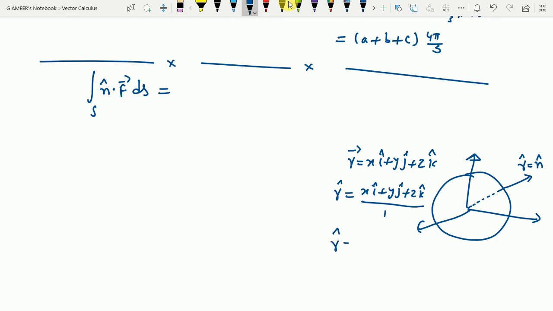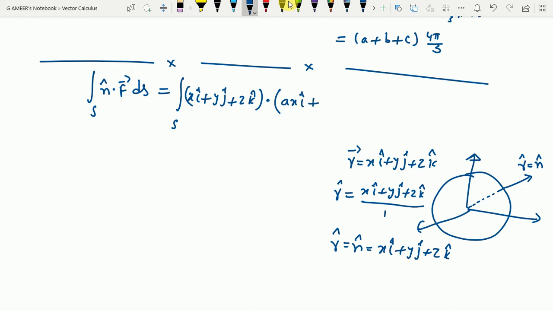So n cap is simply xi cap plus yj cap plus zk cap. Now I'll write the surface integration of n cap, which is xi cap plus yj cap plus zk cap, dot product with the f vector, which is axi plus byj plus czk, into ds.